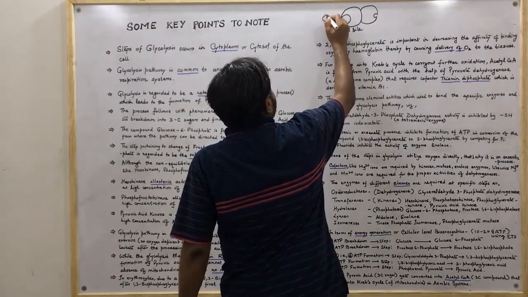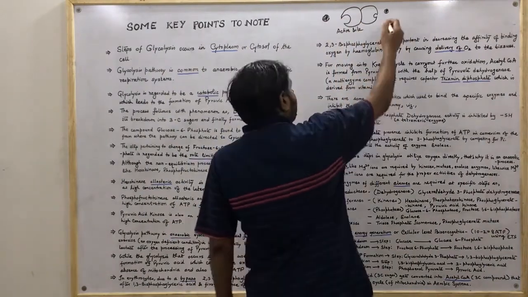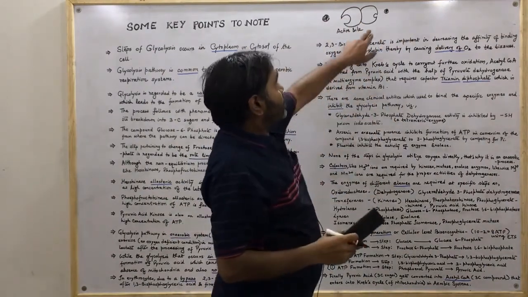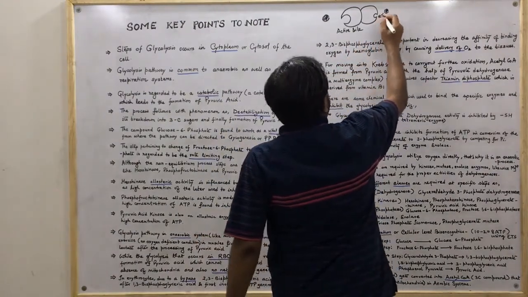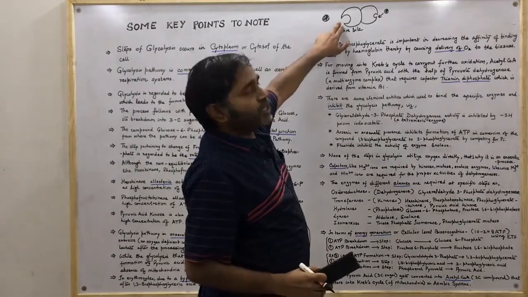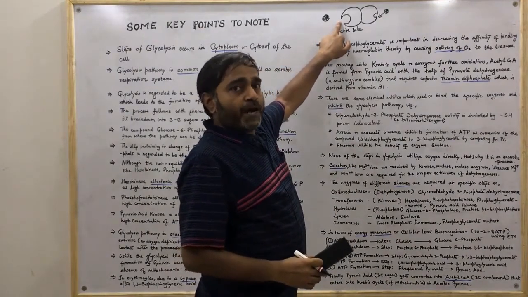So what happened? The substrate has to bind to the active site, and another molecule or factor is there which has to bind to this site. When it binds to this site, it will modify the shape of this particular active site with which the substrate has to bind.